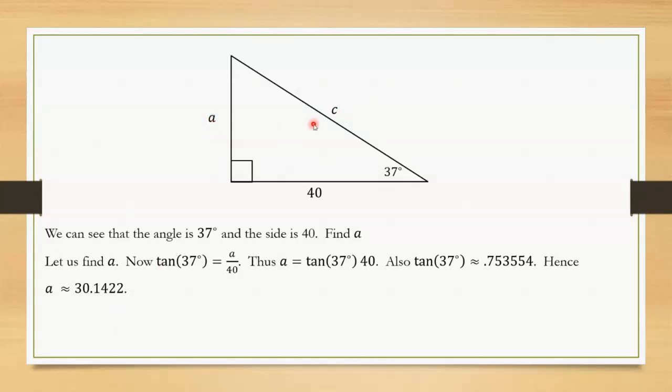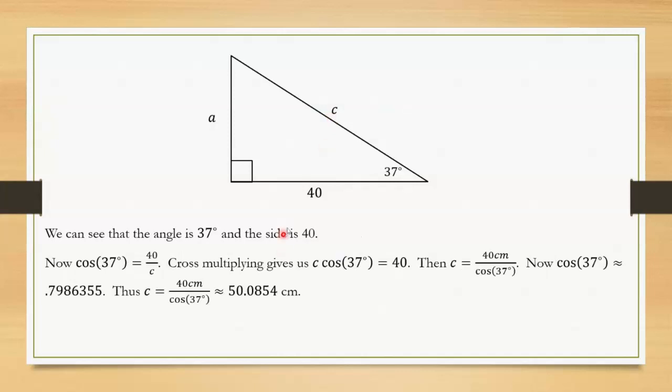We theoretically could get C using Pythagorean's theorem, right? But for fun, let's not use Pythagorean's theorem. If I wanted to get C now, I'm going to use cosine. Now you might be thinking, why are we using cosine? Well, notice that we know 40. That's the adjacent side. But now C is the hypotenuse.